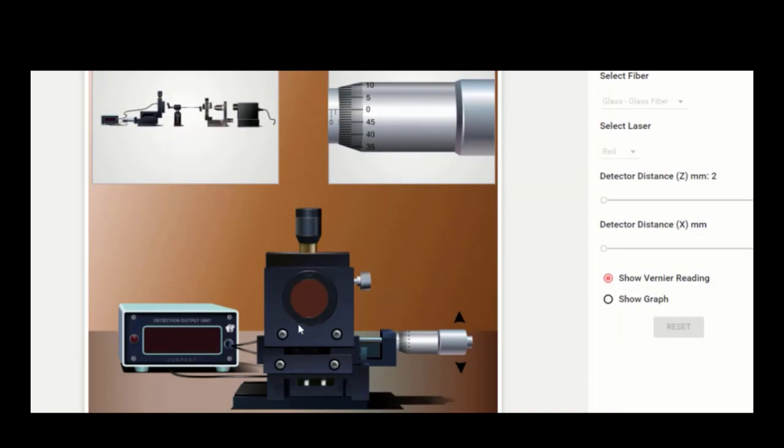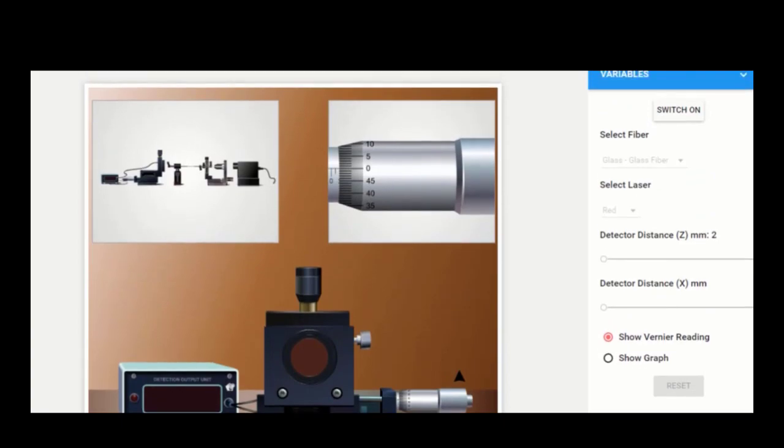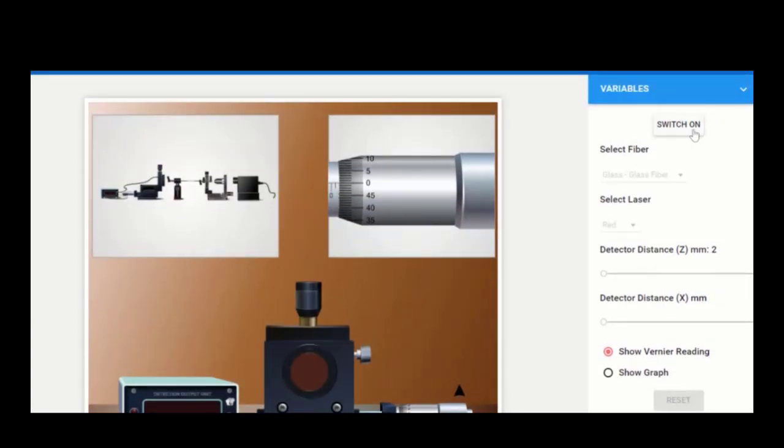When light comes on this detector, it gives the current in this output unit. When you have made this arrangement, we click on the switch on button. This means you are giving power supply to this emitter, and it will emit light.